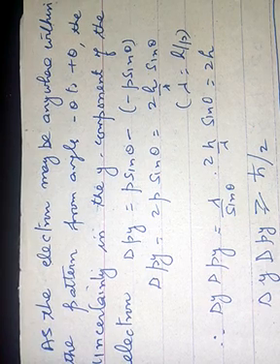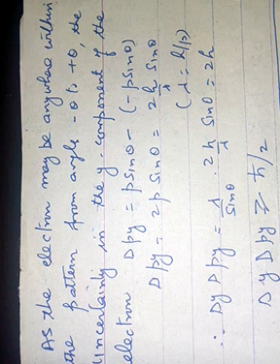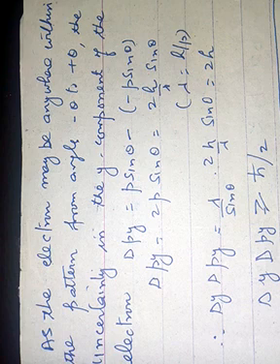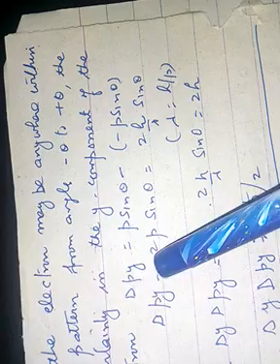As the electron may be anywhere within the pattern from minus theta to plus theta, the y component of momentum may be anywhere between minus p sin theta and plus p sin theta, so what will be the uncertainty in the y component of momentum, delta py?